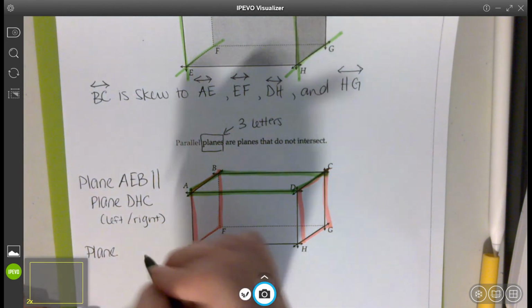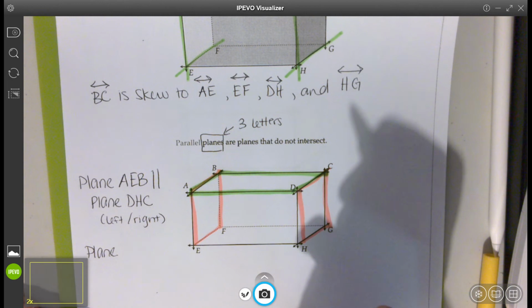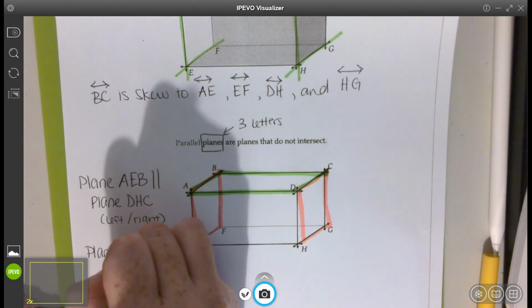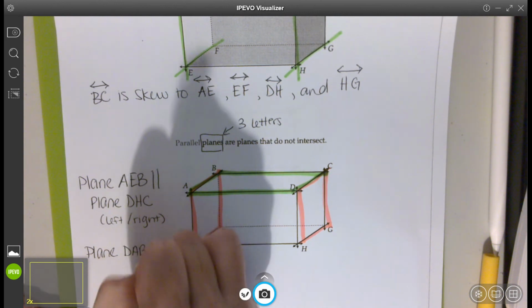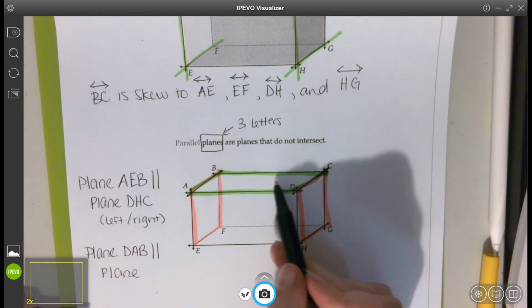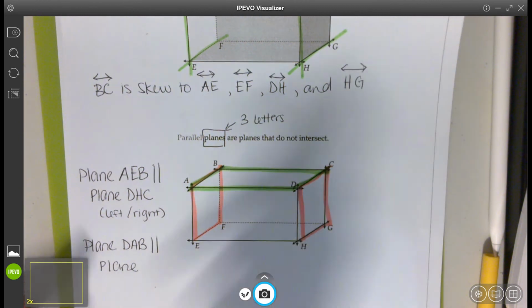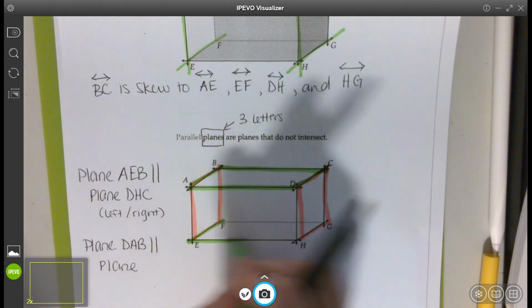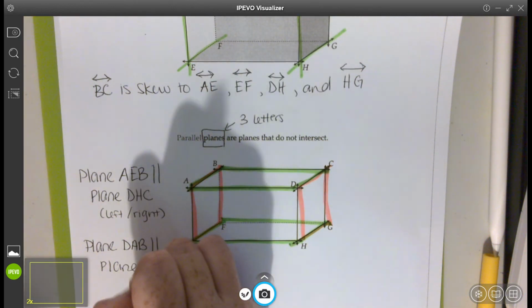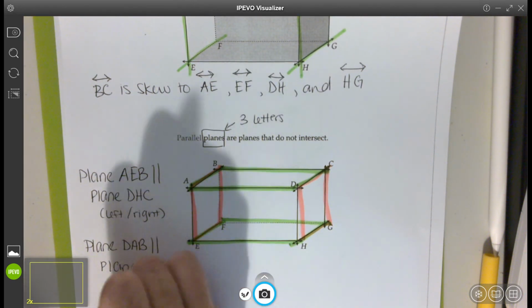So plane DAB is parallel to plane. Again, we're at the top, so it's parallel to the bottom. And that would be EFG.